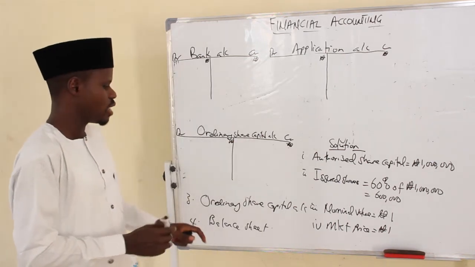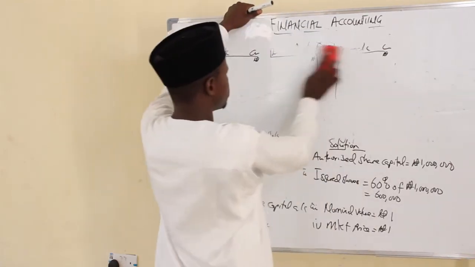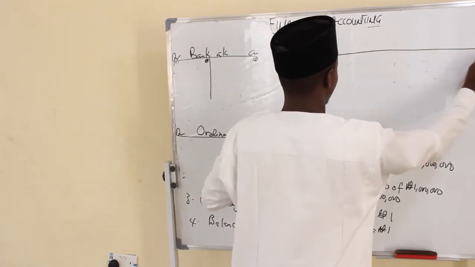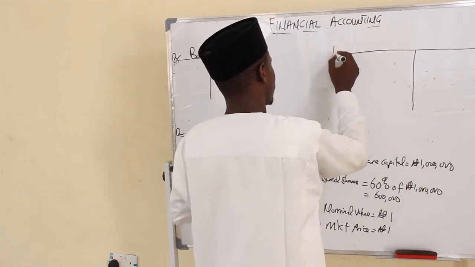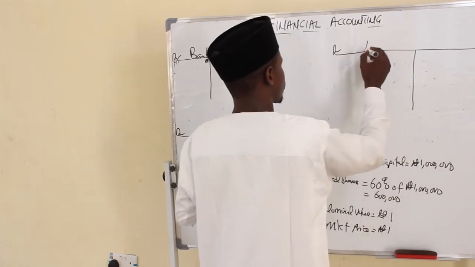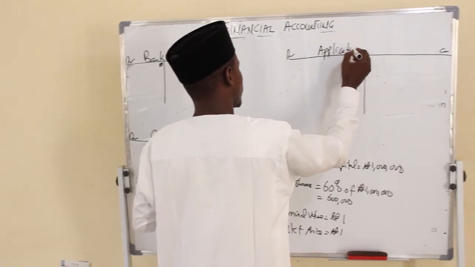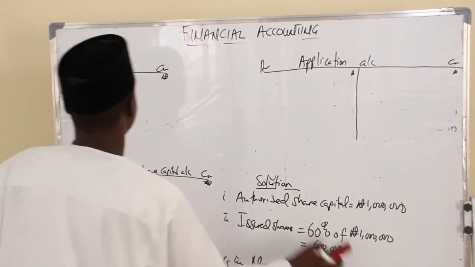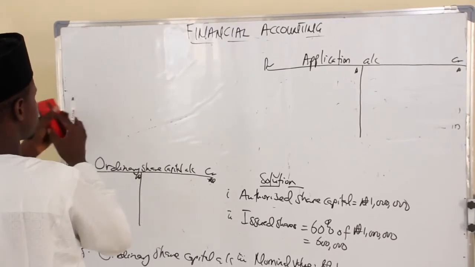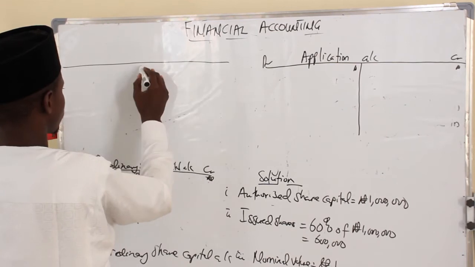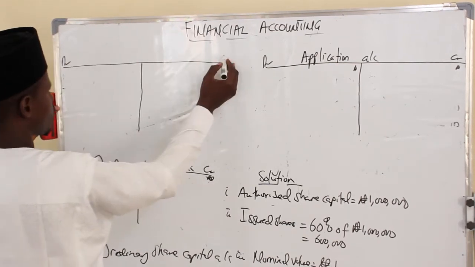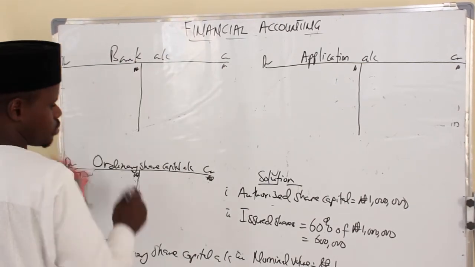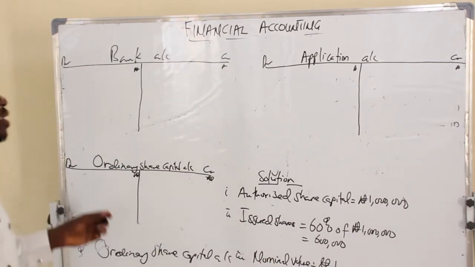After we are through with everything, we will extract our balance sheet. Let's make this a bit bigger. The first step now is for us to post the entries.